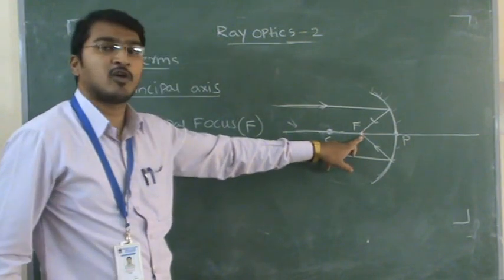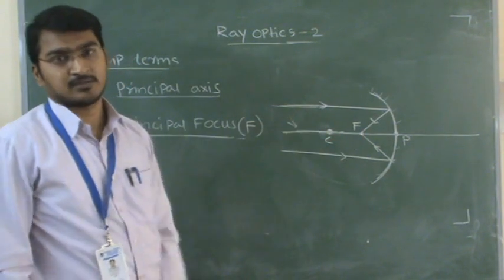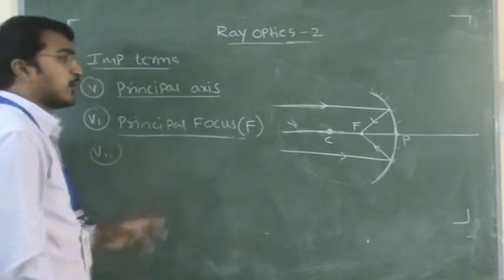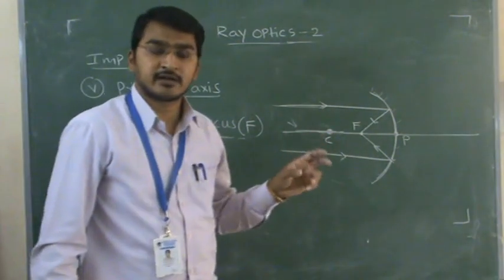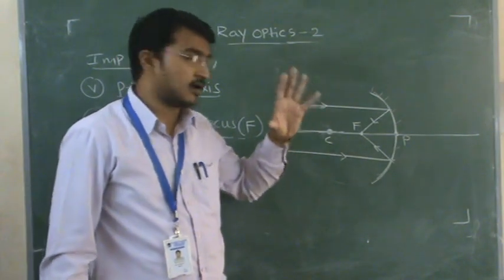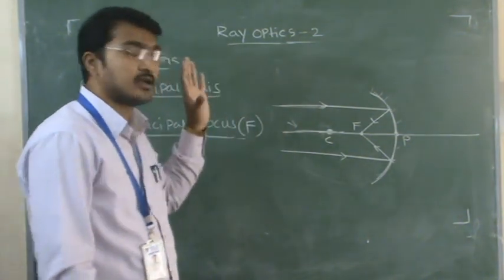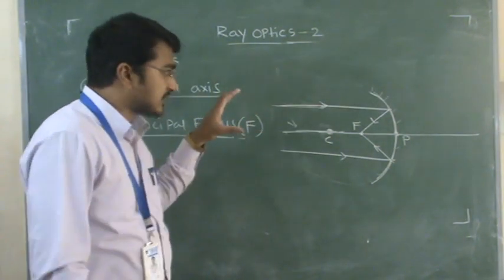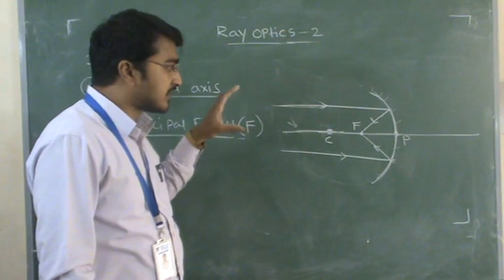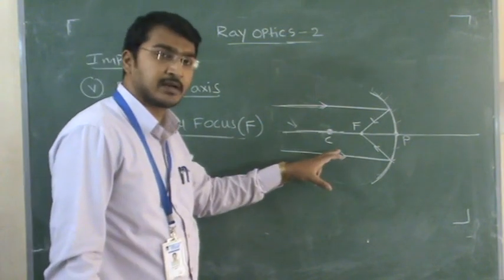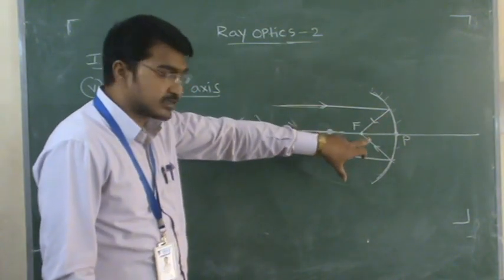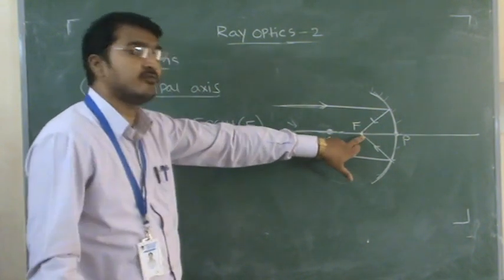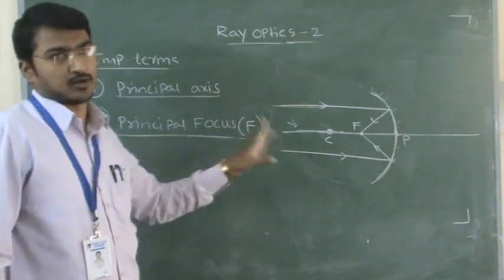And this point we call principal focus. Got it now? What is principal focus? If the rays are incident on a mirror parallel to the principal axis and the reflected rays are focused at a point on the principal axis, that point we call principal focus.